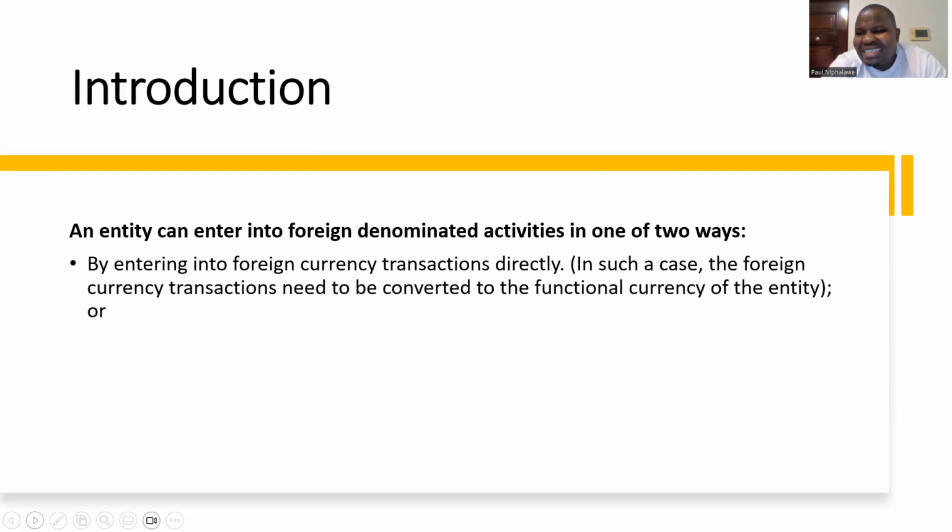The functional currency is the currency in which the primary economic activities occur. I've put a slide where I'm discussing this in detail.